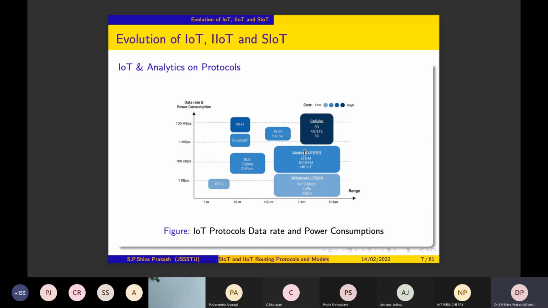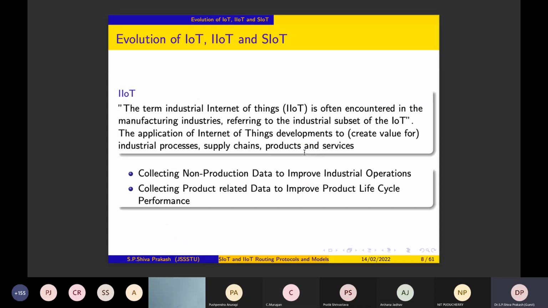Now, when it comes to device-to-device communication, for example, if my smartphone wants to communicate with a smartwatch, obviously we go with Bluetooth enabled devices. Okay, right. And also the power consumption is very important, where most of the researchers are working on energy aware routing protocols. Okay. Now this has led to a utilization of IoT in industry.